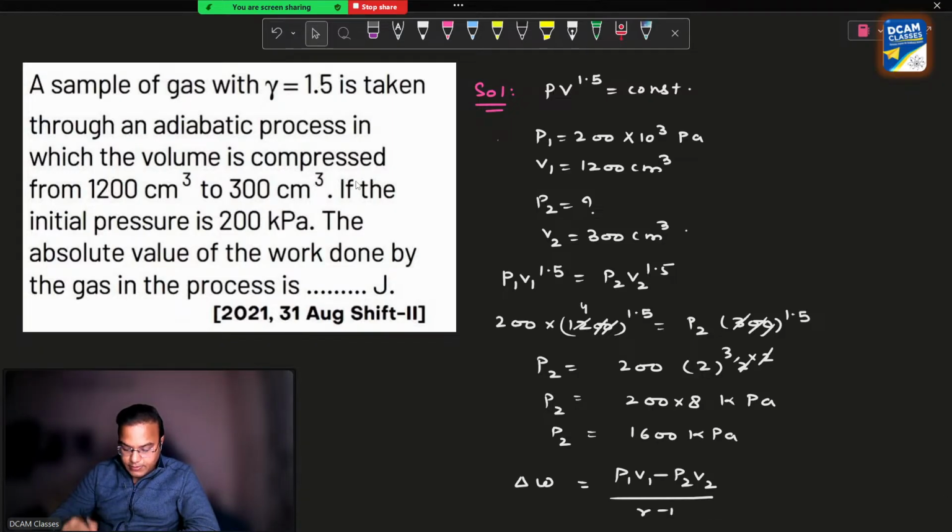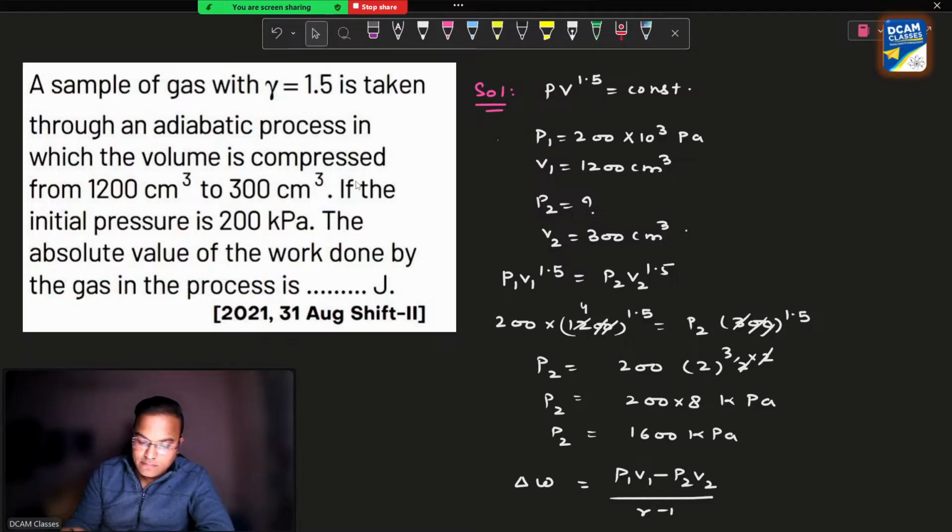Piston based question. That's very common. I love giving piston based questions, you know.